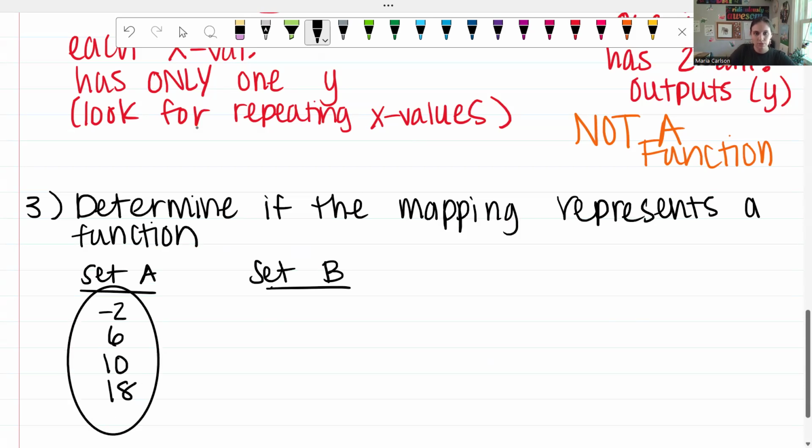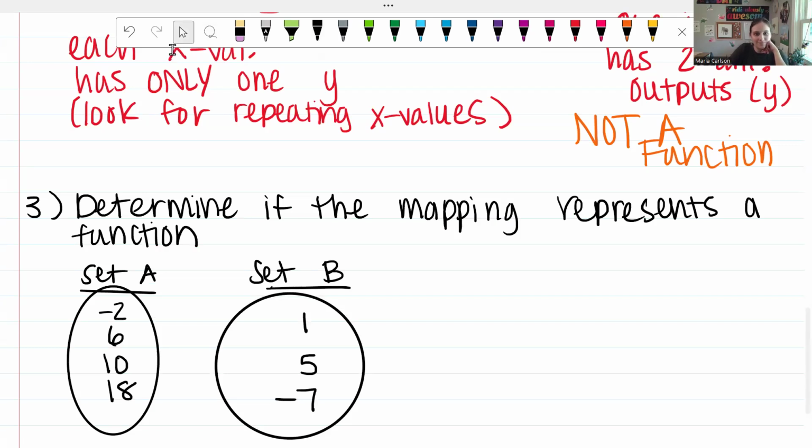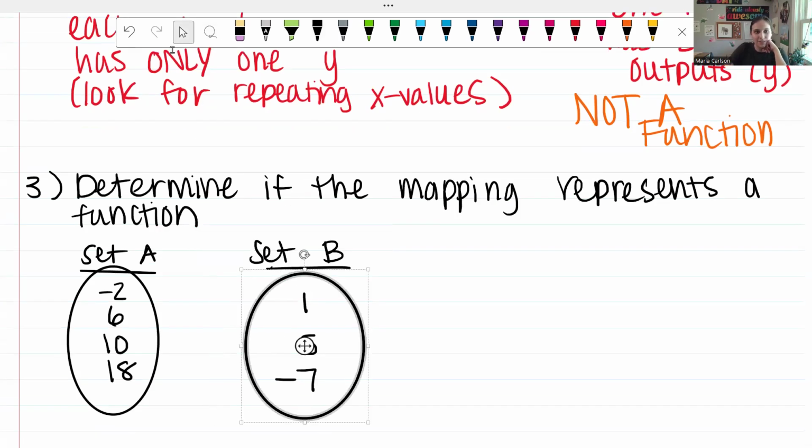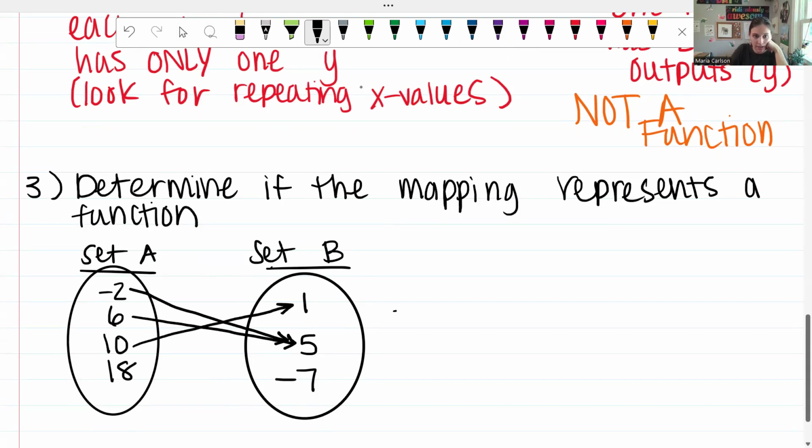And then set B is the numbers 1, 5, and 7, -7. And then I need to draw my arrows. So -2 maps to 5, 6 maps to 5, 10 maps to 1, and 18 maps to 1.